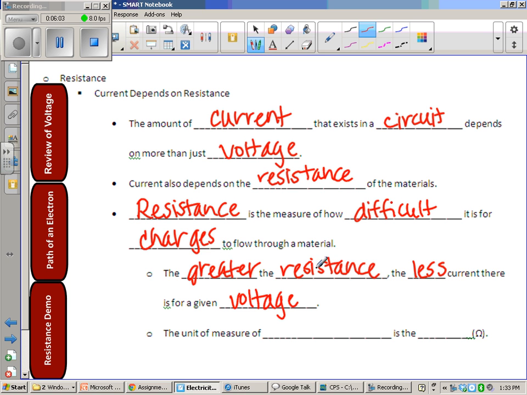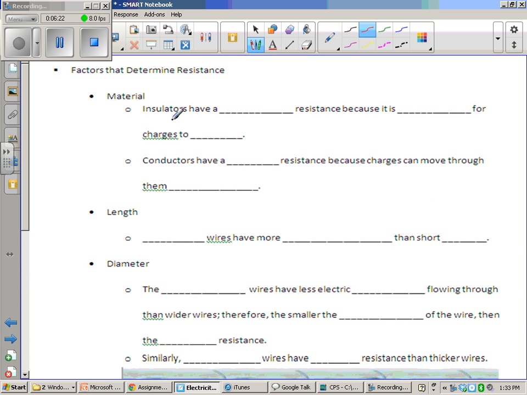So the unit of measure of resistance, which unit do you use for resistance? Well, it's called the ohm, and it's represented by the Greek symbol omega. What are some factors then that determine resistance? Well, your material can determine resistance.